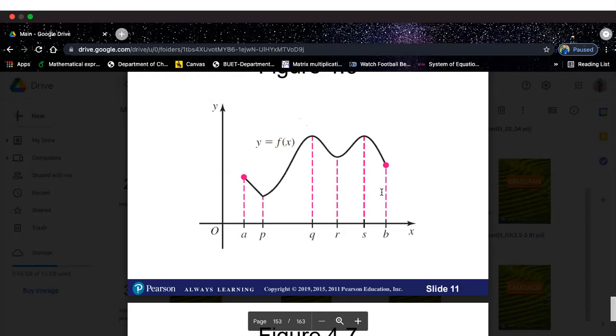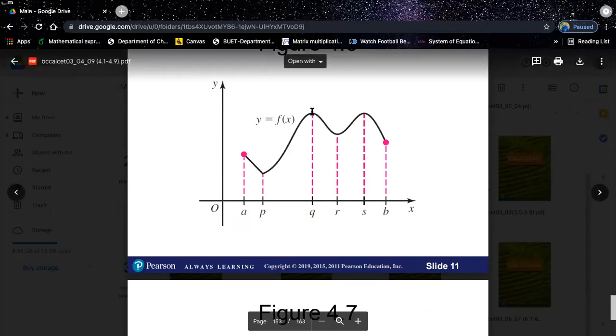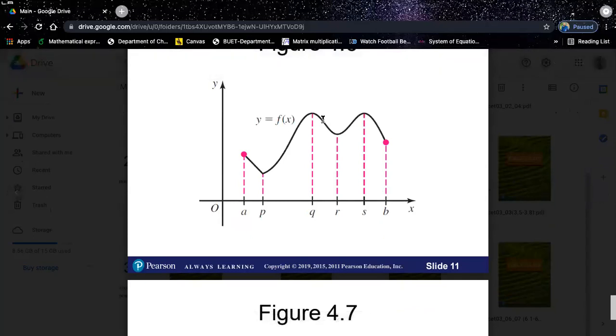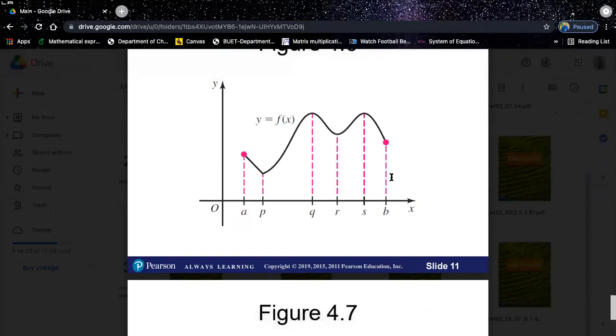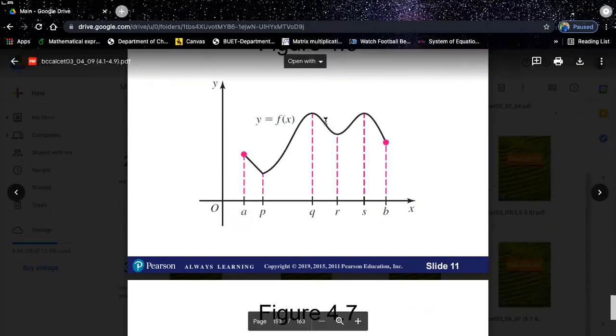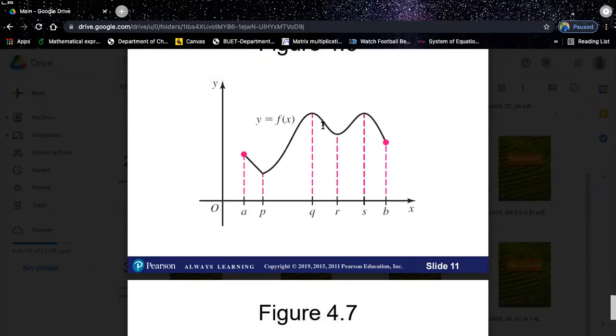Do you agree? Let's say we are picking this point, and if you try to draw a line, you'll see the graph will look like this, which will create an angle more than 90 degrees. Do you agree? Just try and draw a line on any of these points, or even pick 2 points for the secant line. It will still be the same.